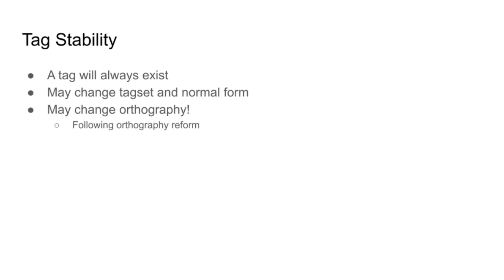It may even change its orthography as a result, because there may have been an orthography reform, and therefore the short tag has changed from being the old orthography to being the new orthography. This is really annoying for those of you who tag your data, because you may need to go and re-tag it, and that is a real pain. And I'm not going to try and defend it. It's just what we have to deal with.